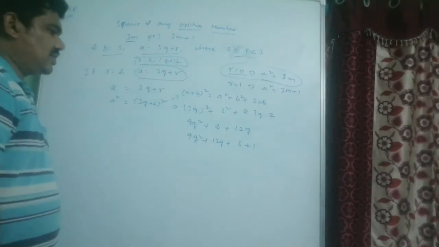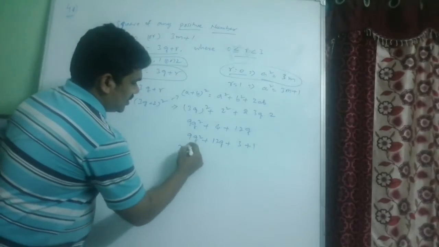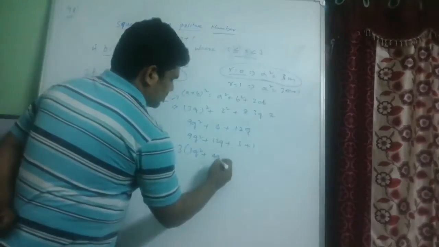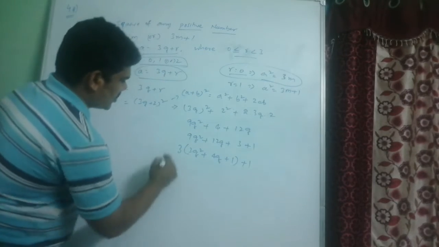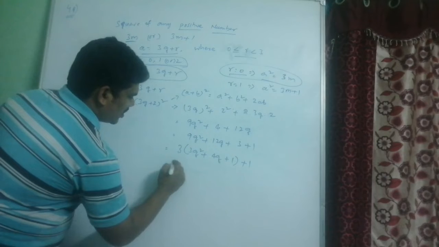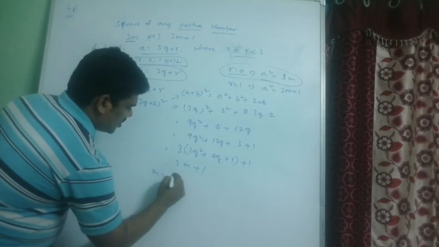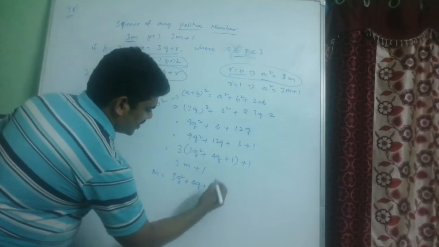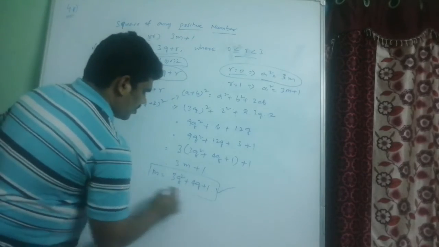Here we have to take 3 as common, 3q square and 3 4s are 12 plus 1 plus 1. So again we can write 3m plus 1. Here m is 3q square plus 4q plus 1. Okay, so this is the equation.